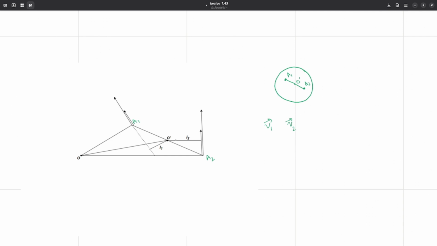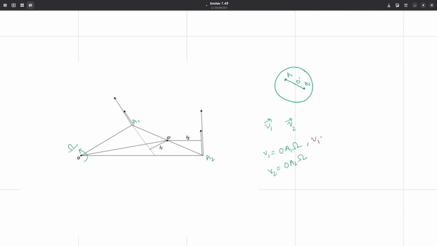Now we want to find the direction of those acquired velocities. We know that the larger disk rotates with angular velocity capital omega counterclockwise about O. So V1 is equal to OA1 omega and V2 is equal to OA2 omega.